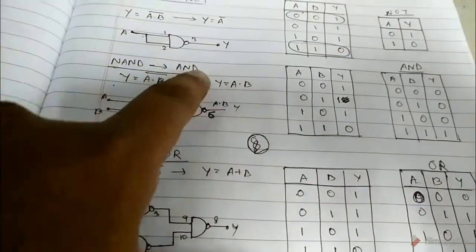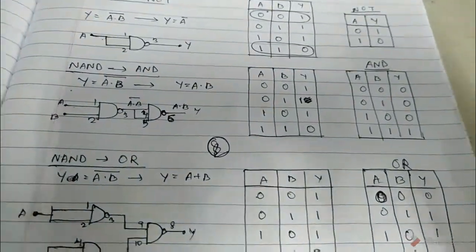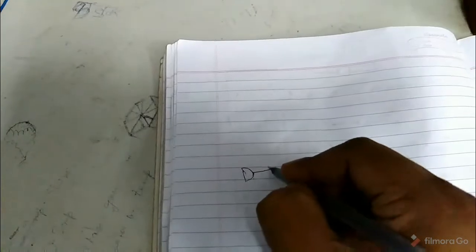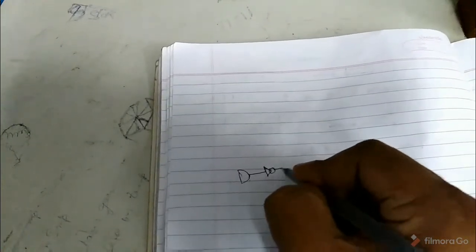Now NAND gate to AND gate. We know that if this is the construction of the NAND gate, suppose we have an AND gate here and we have a NOT gate here.